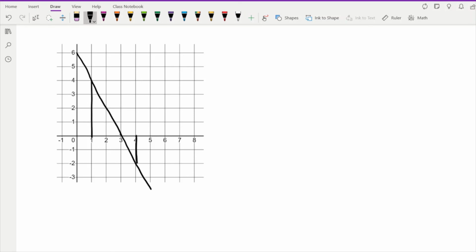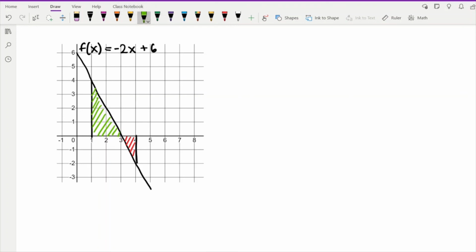And then we're looking at the area between the function, and let me maybe just label this, and the x-axis. And remember, as we saw in earlier videos, that we're counting the area that is above the x-axis as positive, and the area that is below the x-axis as negative. So we just need to figure out what each of these areas is.